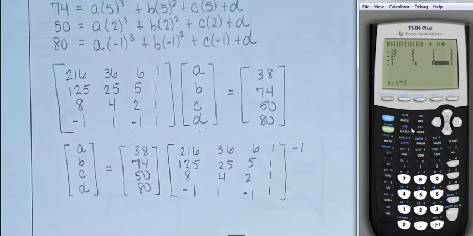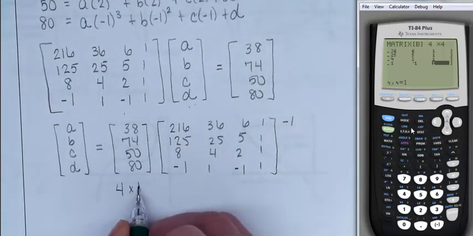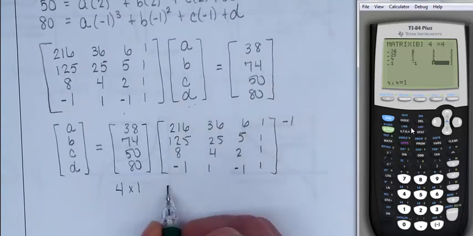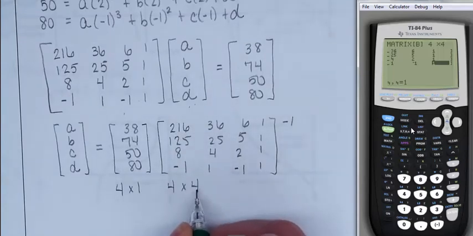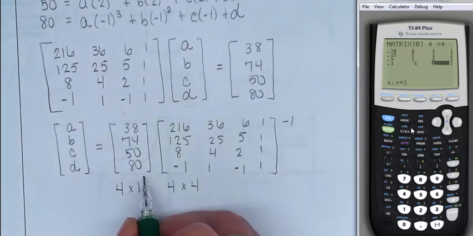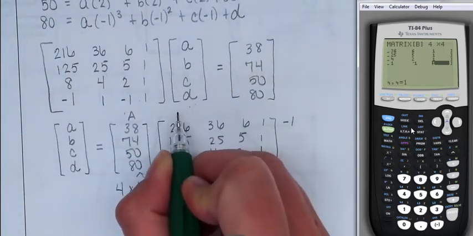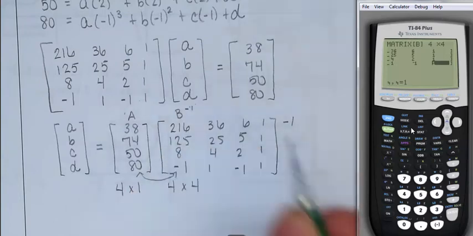Okay, and then when I do my work with this, I really need to think now. So I've got a 4 by 1, and I'm going to multiply that by a 4 by 4. That's not going to work, right? What if I switched them around? So this right now is my A, and this right now is going to be my B inverse.